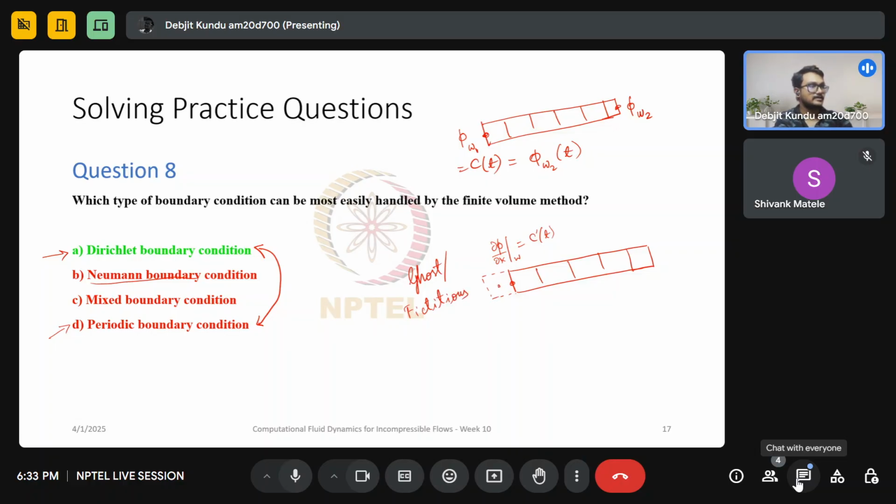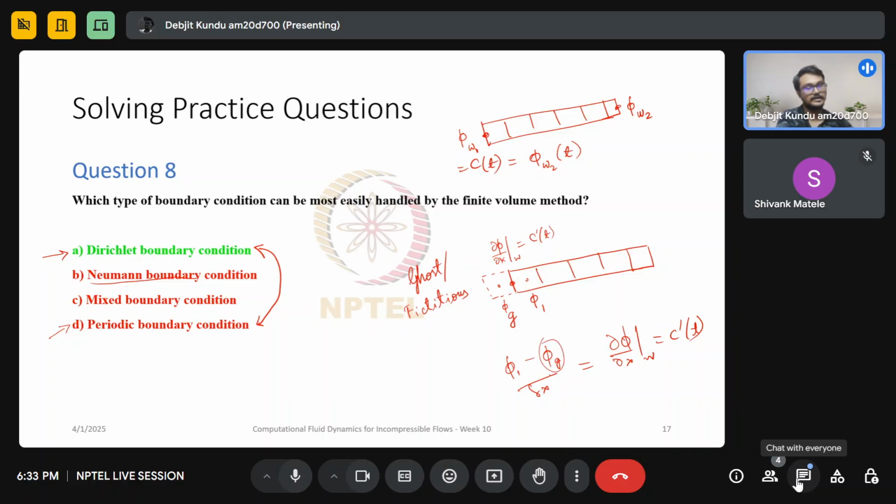And then I say, let's call this PG and this one P1. Then I'll say that P1 minus PG divided by the spatial distance between them is equal to dou phi dou x at wall, which is given as C prime T.